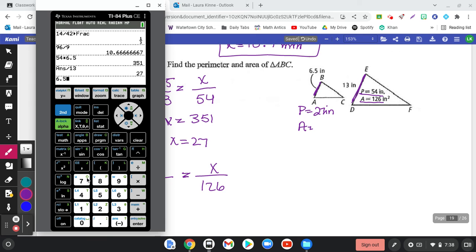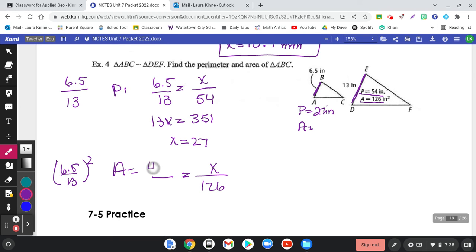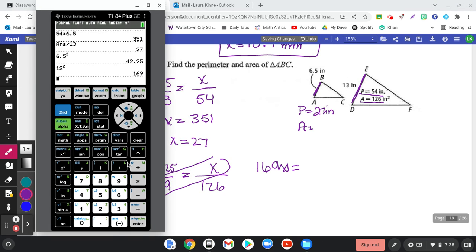So 6.5 squared and 13 squared. So it's going to be 42.25 over 169. Again, you had to square it. Don't worry about how big the numbers are. It'll all work out. So 169x equals 126 times 42.25.